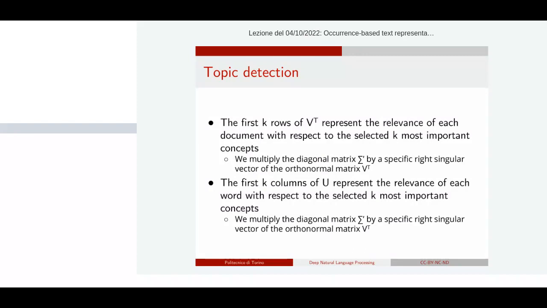So, for example, the first one corresponds to the relevance of one particular document to a particular topic. We assume that a given document may cover multiple topics. It's reasonable.